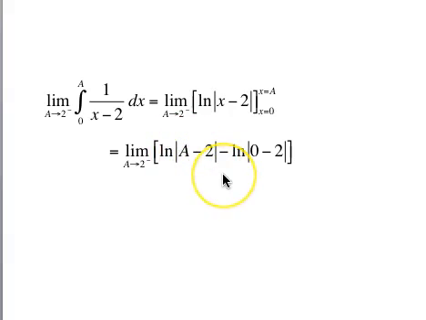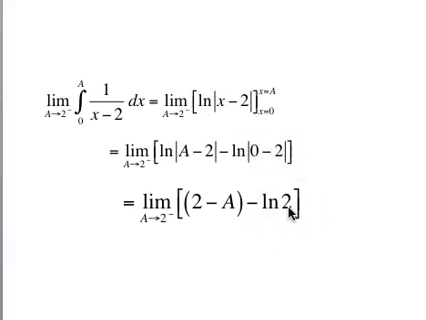When I hit it with an absolute value, it becomes a positive number. 0 minus 2 is negative 2. Absolute value of negative 2 is 2. So the absolute value of a minus 2 would be 2 minus a. 2 minus 1.9, 2 minus 1.99, 2 minus 1.999, minus log 2. But a is approaching, again, 2 from the left. So 2 minus 1.9999999 is a very, very small positive number.